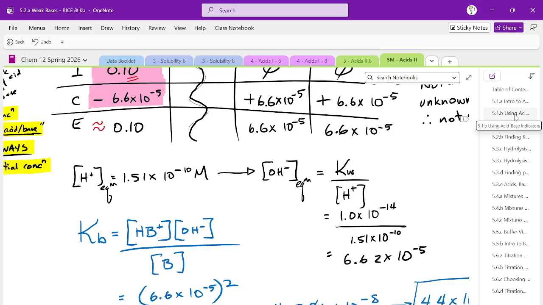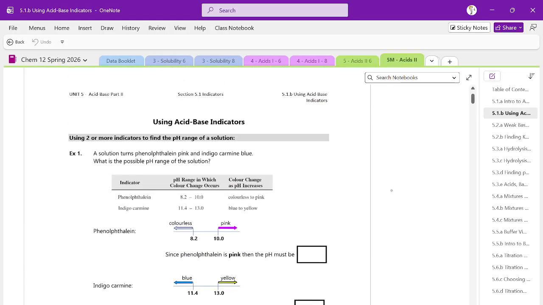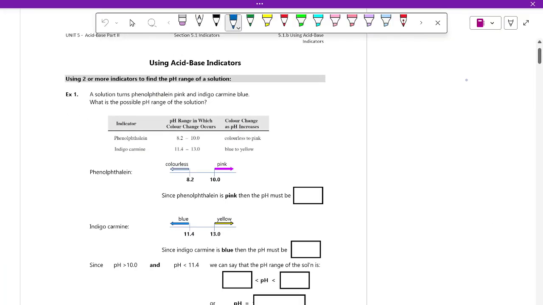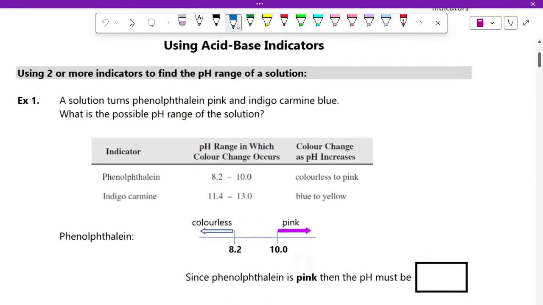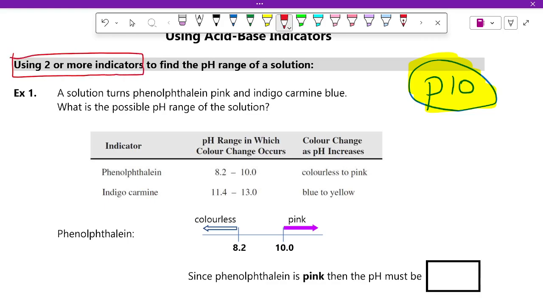So today we are going to go back to using acid-base indicators, which is on page 10. One of the things that you can do with acid-base indicators is you can use 2 or more indicators to find the pH range of a solution.